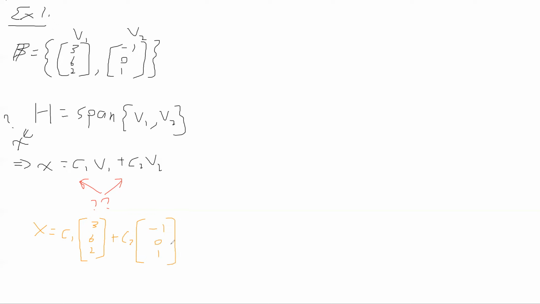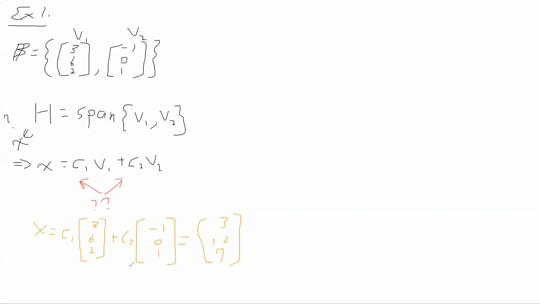And our vector x is given to us: that is 3, 12, 7. So our goal is to find c1 and c2 so that this equation is true.